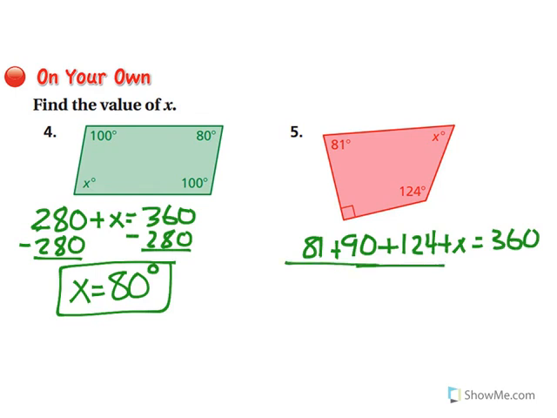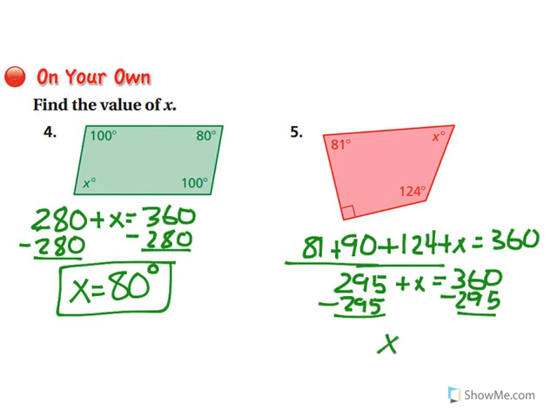The three numbers together, we end up getting 295 plus x equals 360. Subtract 295 from both sides, and we get x equals 65 degrees.